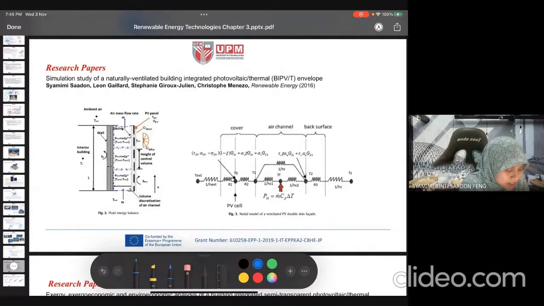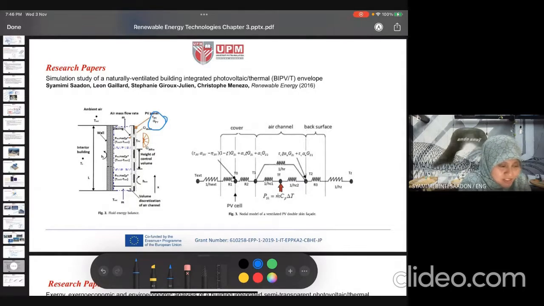So this is the schematic diagram of the double glazing wall building. The PV panel is from here. We need to take into consideration all of the processes of the radiation from the sun when it is transmitted: what is the transmission parameter, the absorptivity of the PV panel.